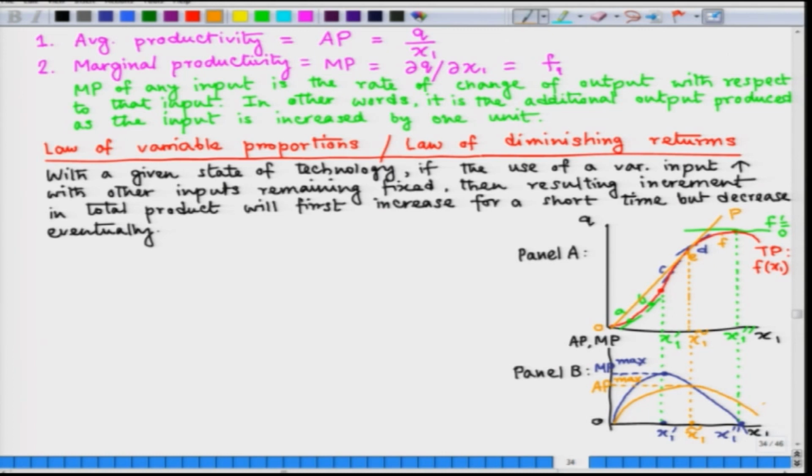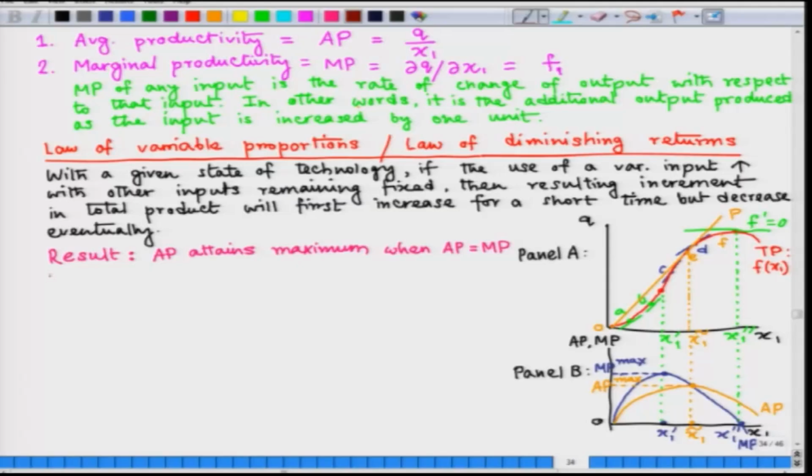So, this orange line gives me my average product curve. So, we see a result that the marginal product curve passes through the highest point of the average product curve. Based on the diagram that we have just drawn, we can talk about 3 distinct stages of neoclassical production function.